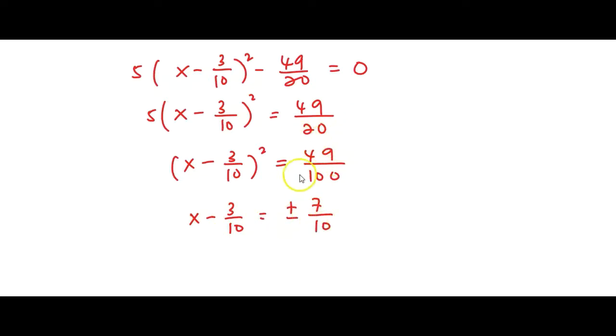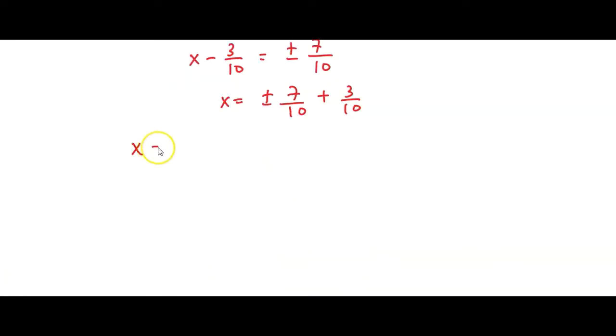After you take the square root, the square root of 49 is 7, and the square root of 100 will be 10. Then your x has to be positive or negative 7 over 10 plus 3 over 10. This means that you got two solutions. The first solution is 7 over 10 plus 3 over 10.